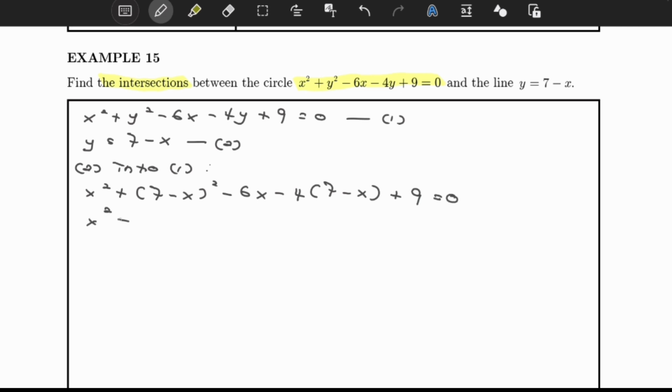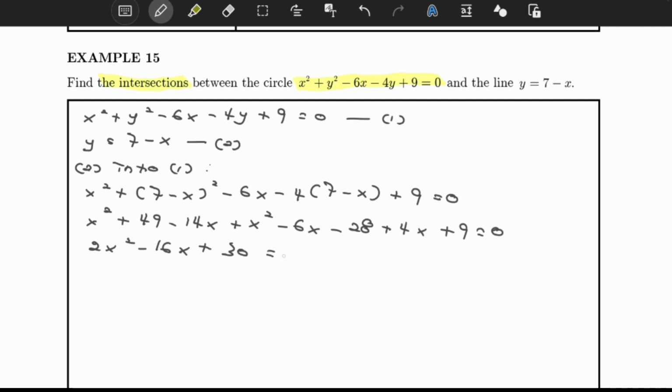Expand: x squared plus 49 minus 14x plus x squared minus 6x minus 28 plus 4x plus 9 equals 0. So we'll get 2x squared minus 16x plus 30 equals 0.